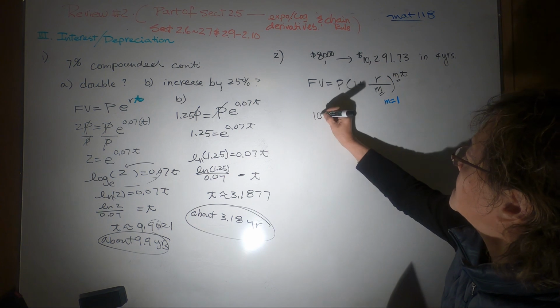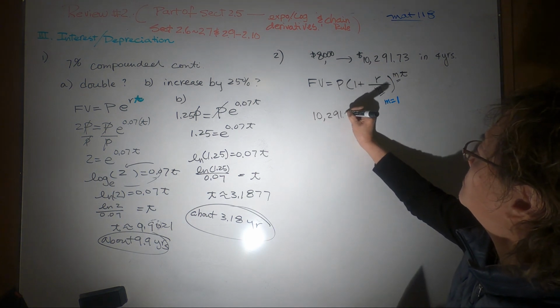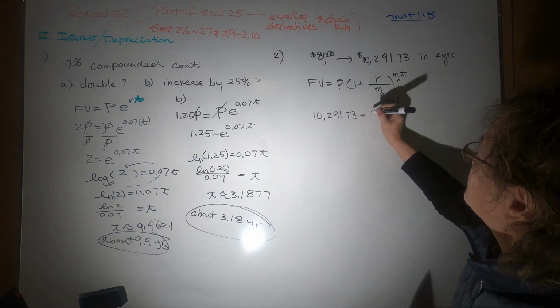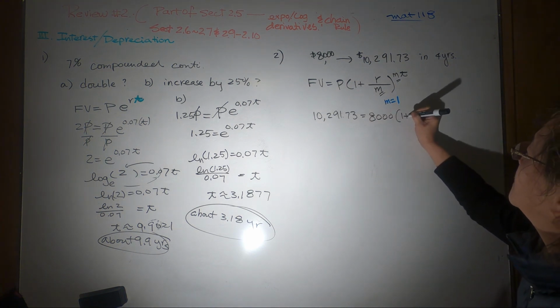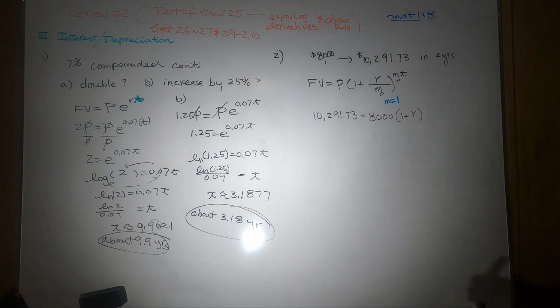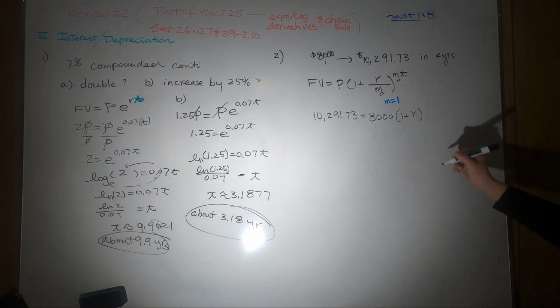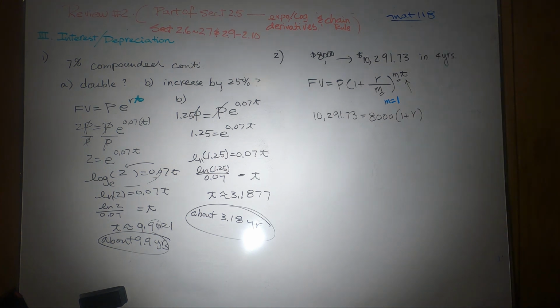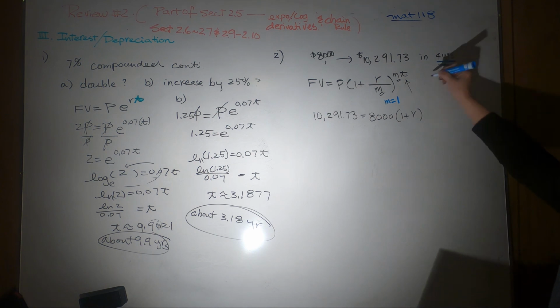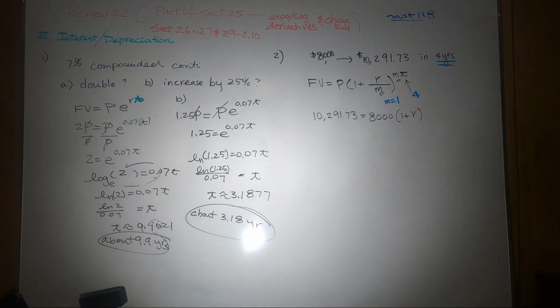So let's plug in your F. Future value is 10,291.3. Your principal is 8,000. 1 plus R. Do you know your R? That's the number we are going to find out, right? T is what? What's your T? Actually it is 4 years, right?